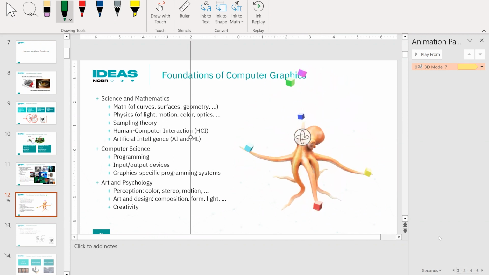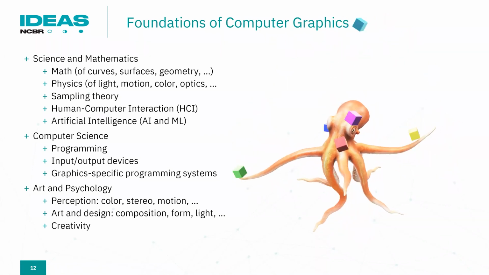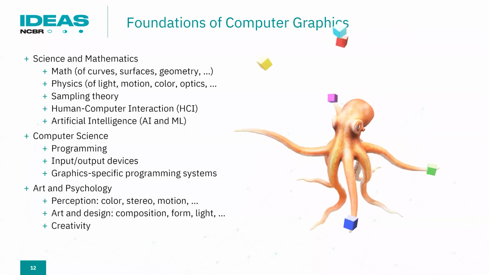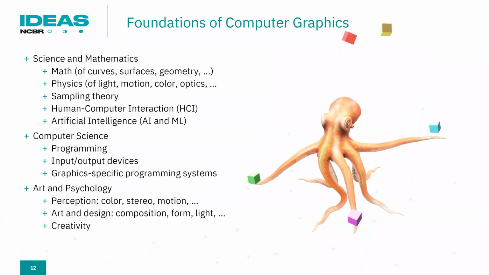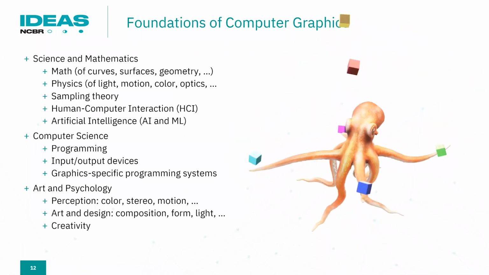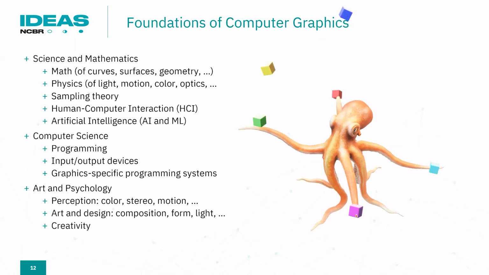The foundations of graphics are also widespread. This is, of course, mathematics. Graphics is a very mathematical scientific field. We also incorporate parts from physics and sampling theory. We also research human-computer interaction, where we overlap with other researchers, and incorporate artificial intelligence in our research.